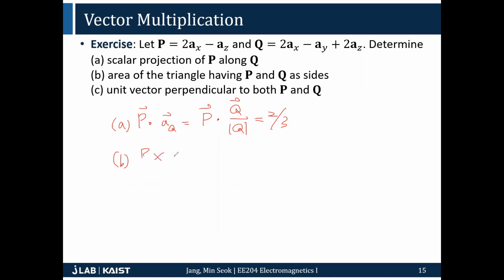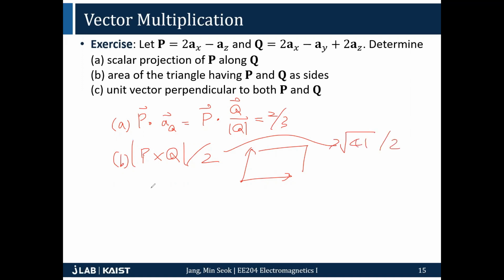The second one is the area of the triangle having P and Q as sides. P cross Q gives you the area of the parallelogram, right? So in order to get the triangle area, you need to divide by 2. That is square root of 41 divided by 2. The third one is the unit vector perpendicular to both P and Q. The direction of P cross Q gives you the direction perpendicular to P and Q, right?